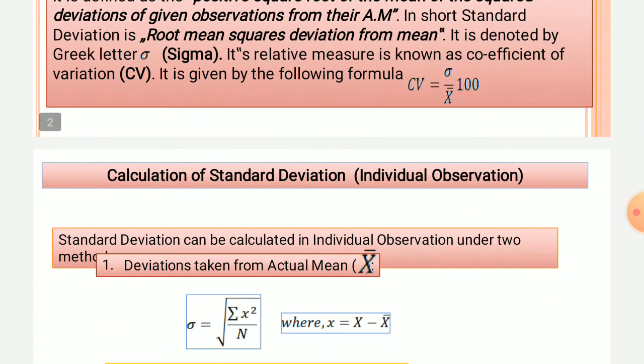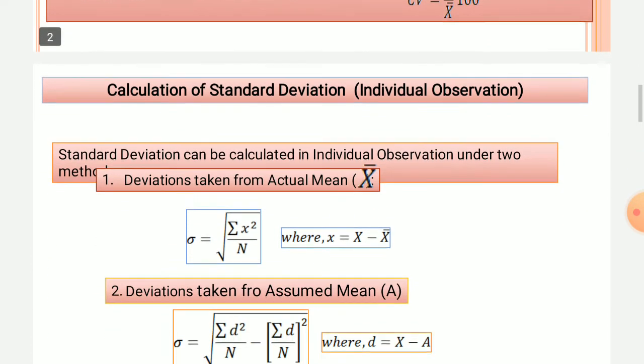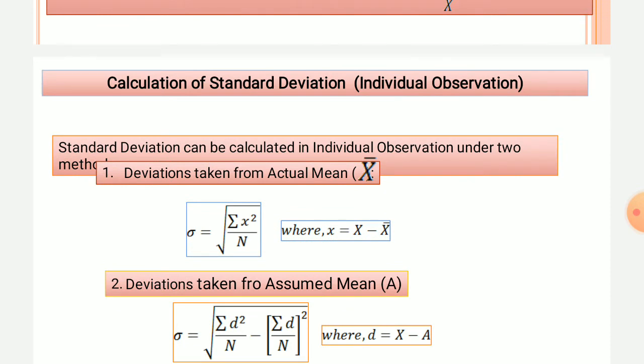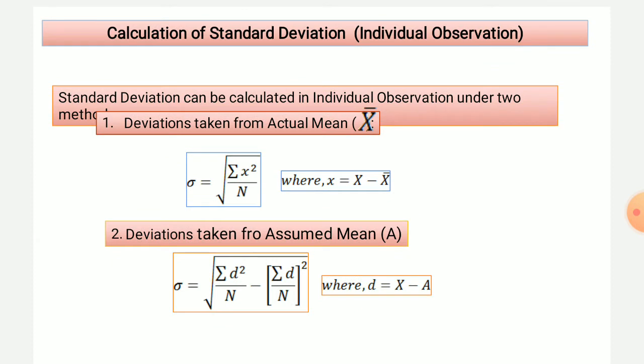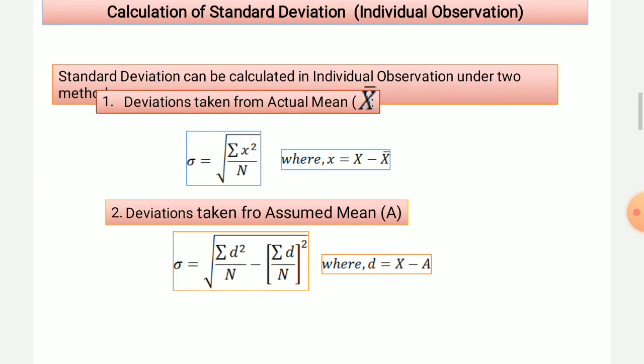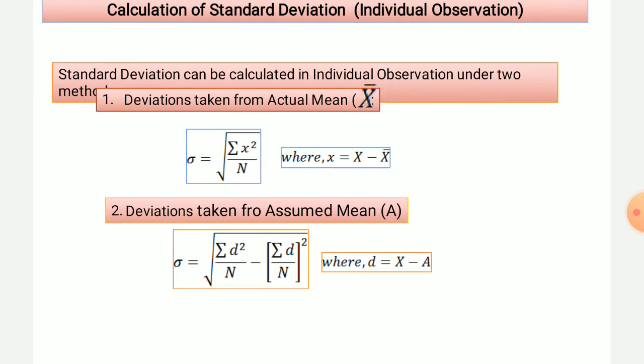Now, calculation of standard deviation. Standard deviation can be calculated under three heads: individual observation, discrete series, and continuous series. Now, calculating standard deviation for individual observation, it can be calculated under two methods.